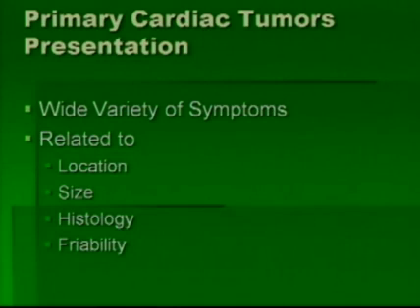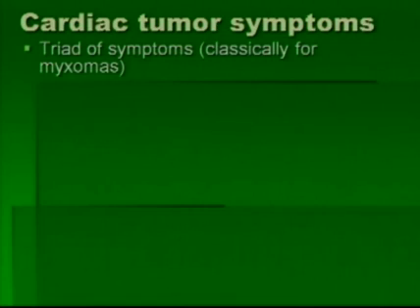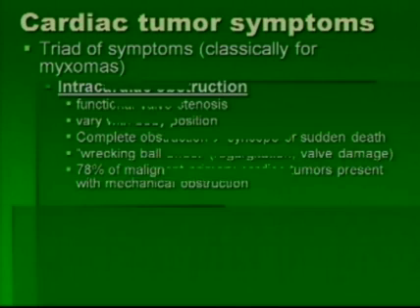Primary cardiac tumors present with a wide variety of symptoms, and the symptoms are all essentially related to the location of the tumor, its size, its underlying histology, and the friability of the tumor, causing embolic phenomenon. Cardiac tumor symptoms have been put into a triad, and this is classically for myxomas.